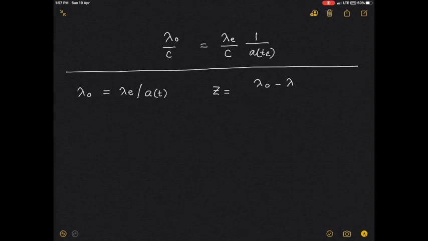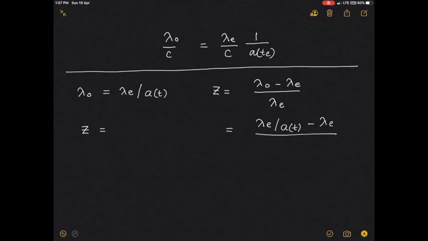So what is the redshift z? Redshift is lambda observed minus lambda emitted by lambda emitted. So I get z equals, so what is lambda observed? Lambda observed is lambda emitted by a(t) minus lambda emitted by lambda emitted.